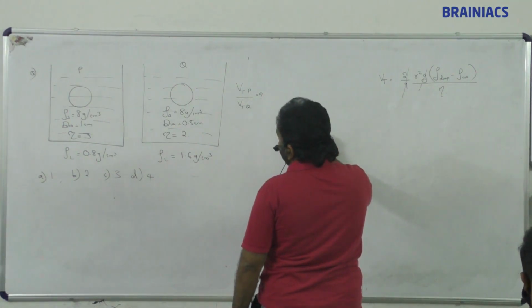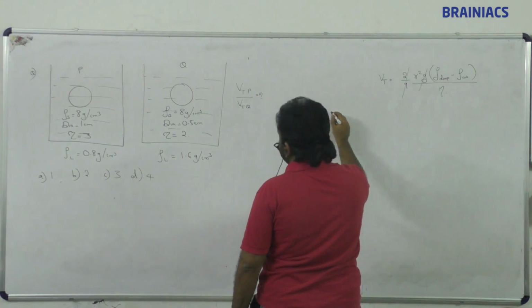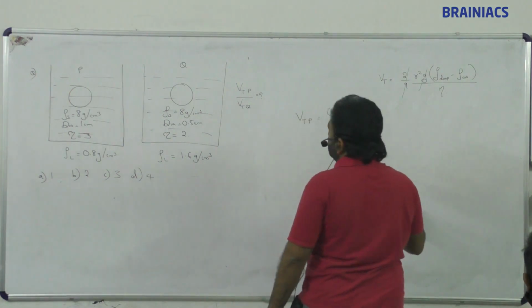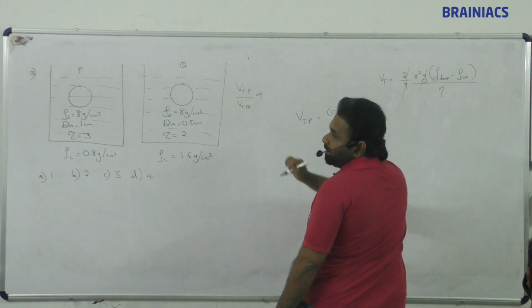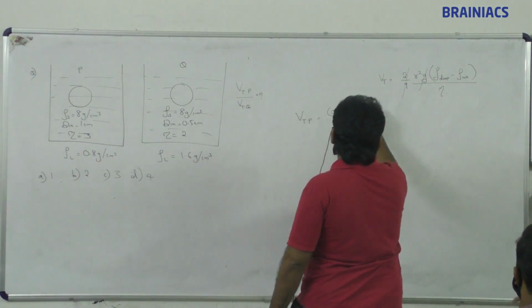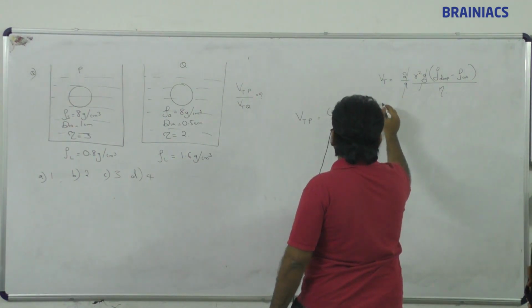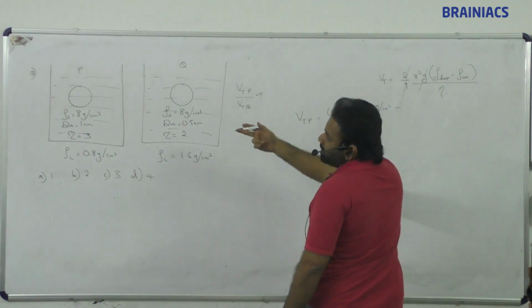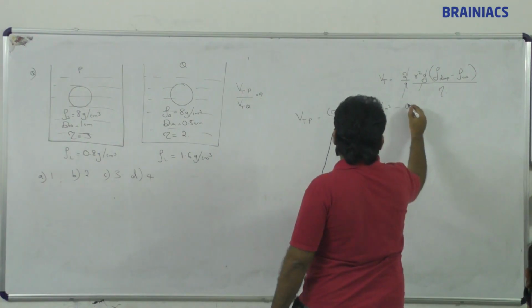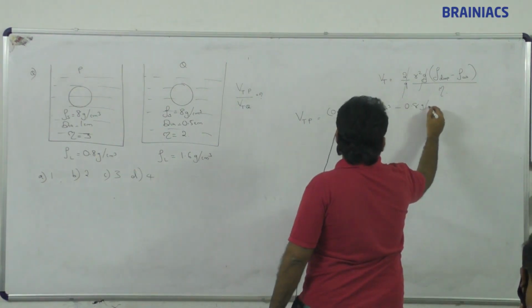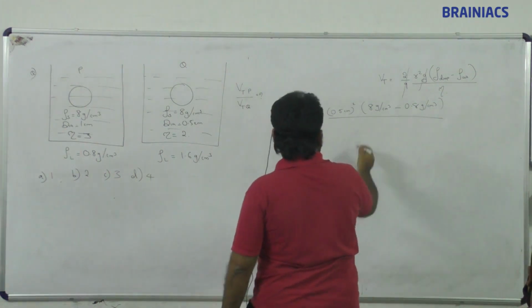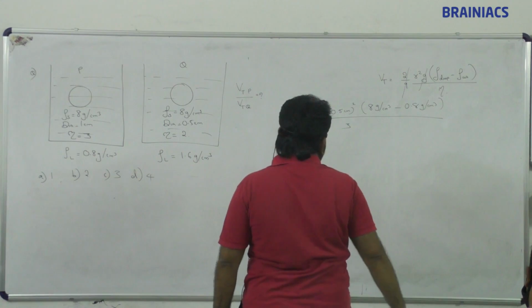So for P, diameter is 1 centimeter, so 0.5 centimeter square we will put in, into the density of that solid, which is 8 gram per centimeter cube, minus the density of that liquid, 0.8 gram per centimeter cube, divided by eta, which is 3.